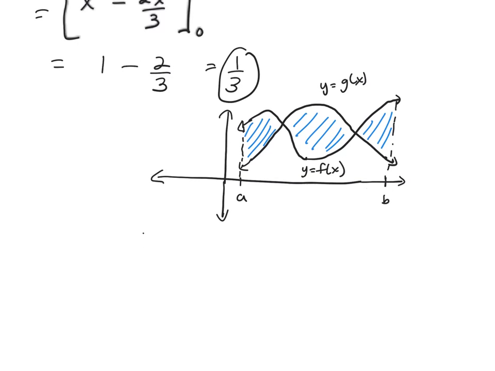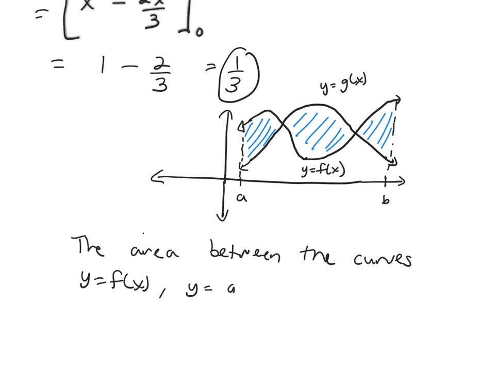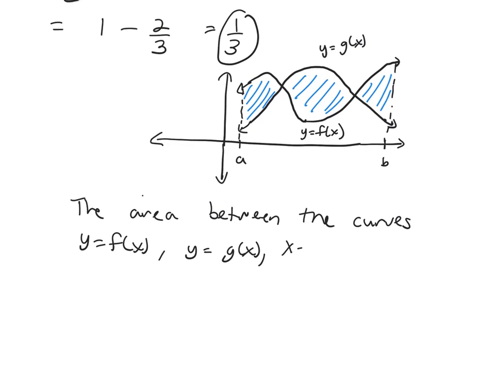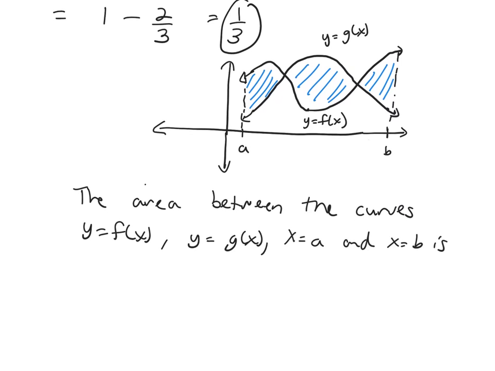The way we fix it in our statement before is now we're going to say that the area between the curves y equals f of x, y equals g of x, x equals a, and x equals b is going to be, still you integrate from a to b, but now you're going to put absolute values here, f of x minus g of x.